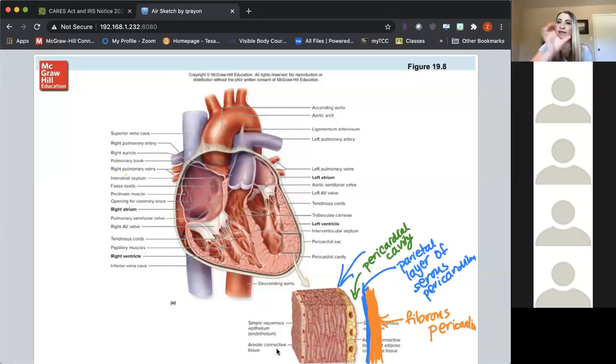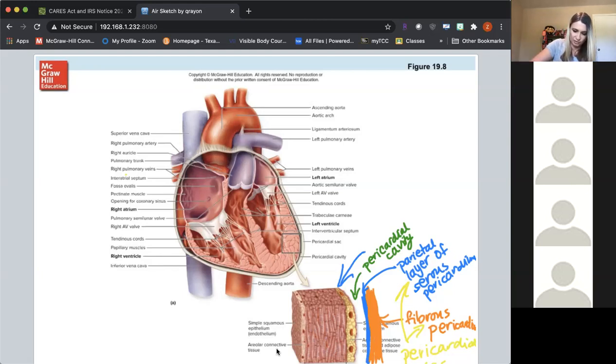Okay, so for that part of the lab exercise, don't just draw the heart wall. Draw the heart wall, your pericardial cavity, and then the rest of the pericardium, okay? To point out, this and this is known as the pericardial sac, okay?